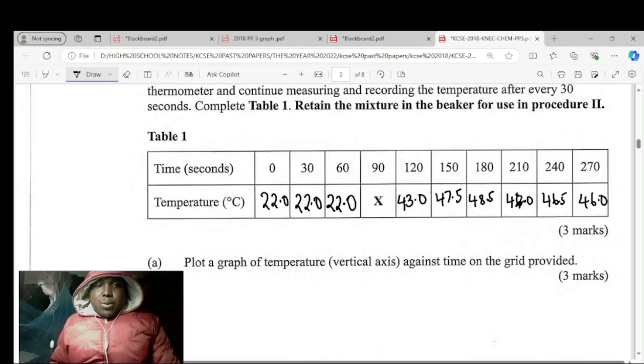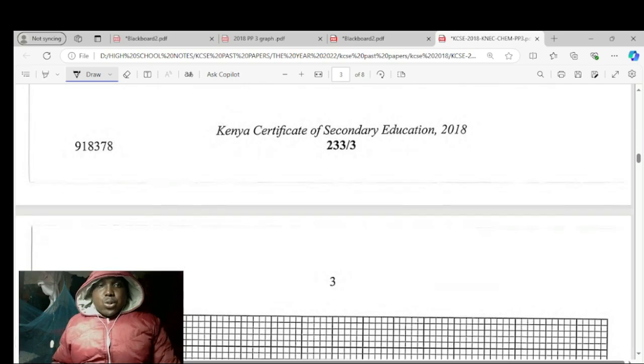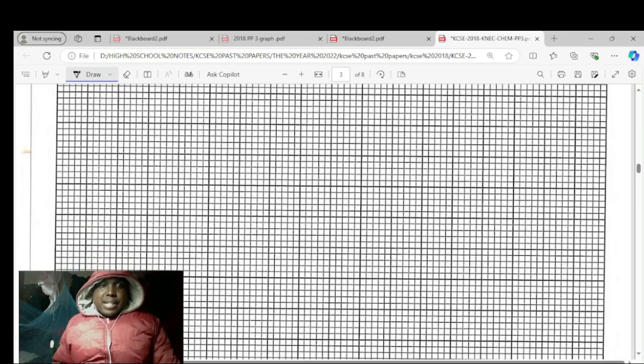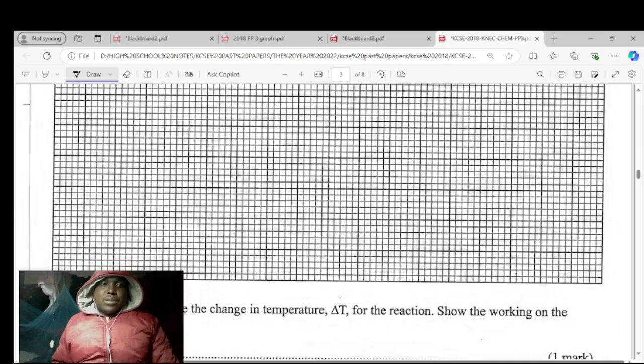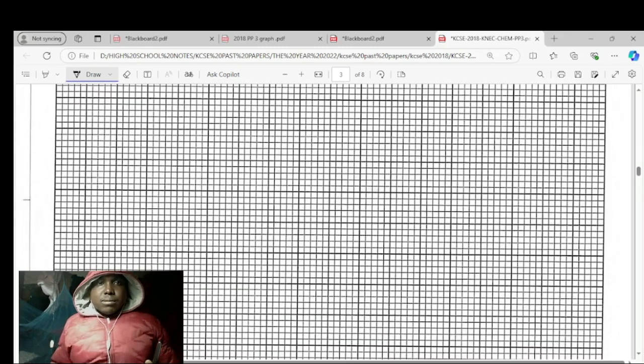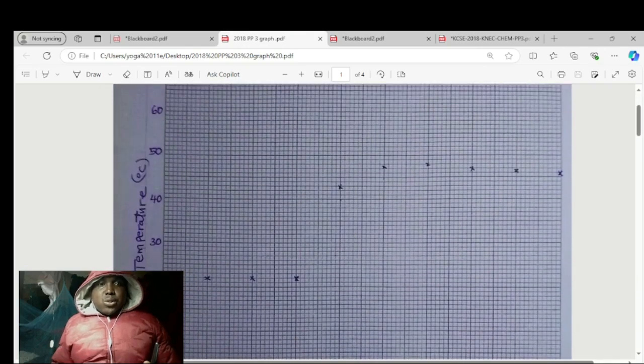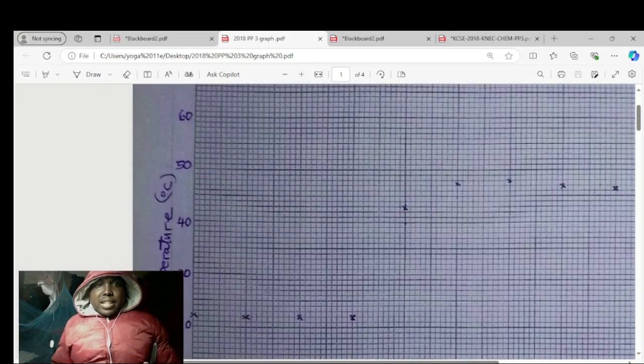Plot a graph of temperature against time on the grid provided. So we are going to draw a graph of temperature against time. Remember to label the graph, as you can see here.